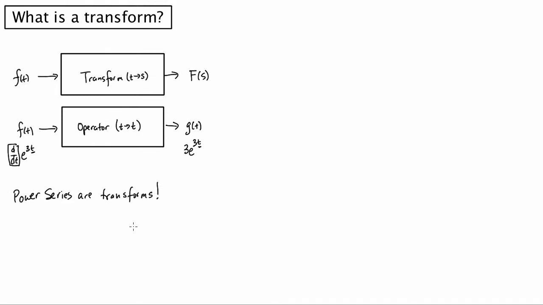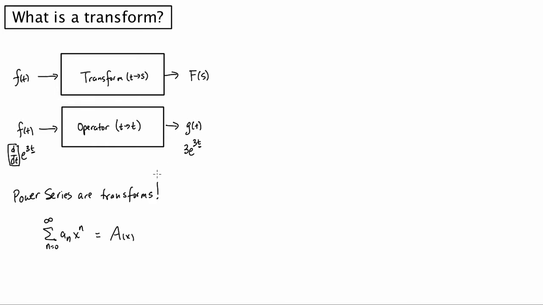Let's see why. If you think about your basic power series, you've got an infinite sum. Let's say the sum n goes from 0 to infinity of a n x to the n. And that's the polynomial a0 plus a1x plus a2x squared and so on. And we know that power series can be associated with functions.